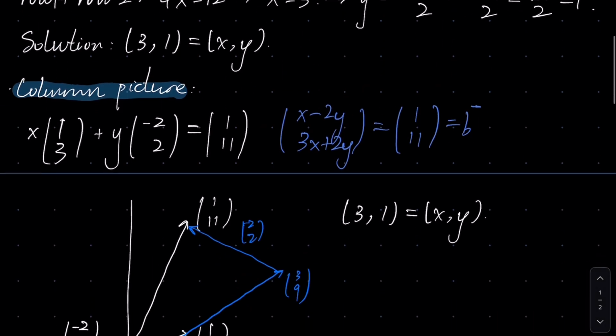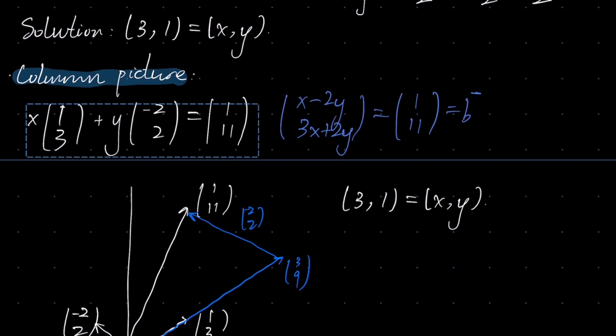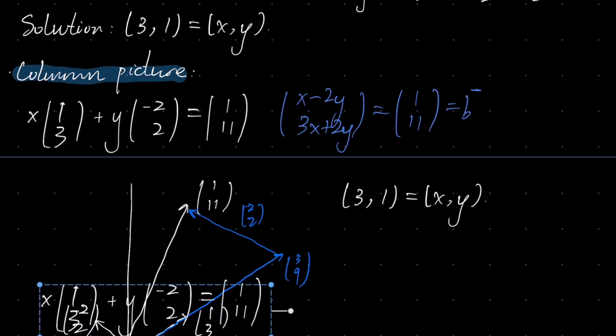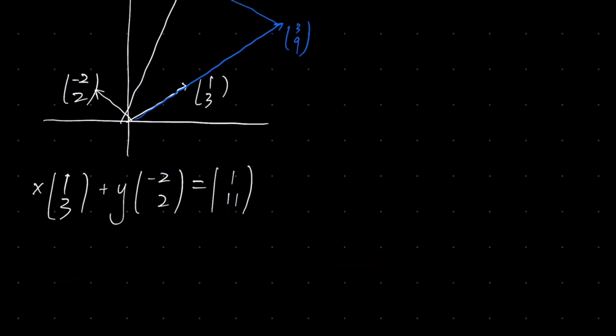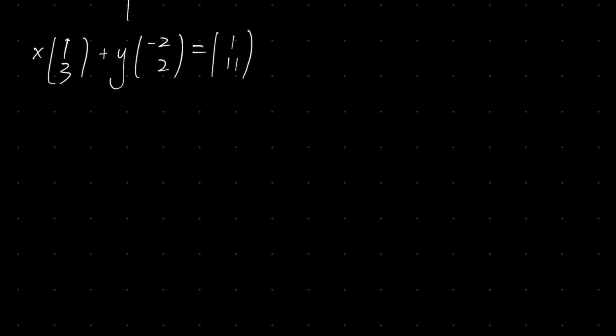Okay, now we have a vector equation, a linear combination of vectors yielding a right-hand side vector. We can write this, as we've seen in our previous videos, as a matrix-vector equation.